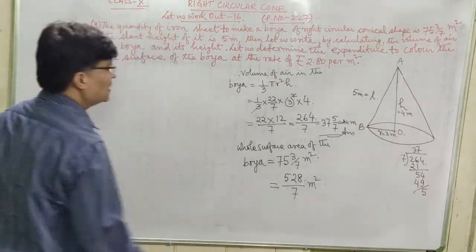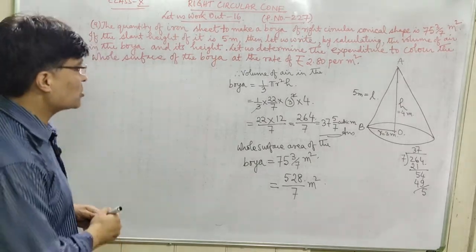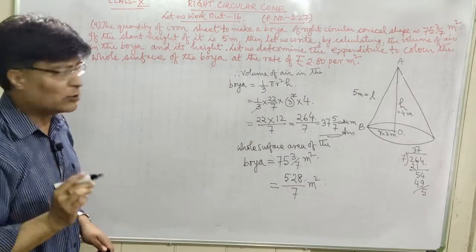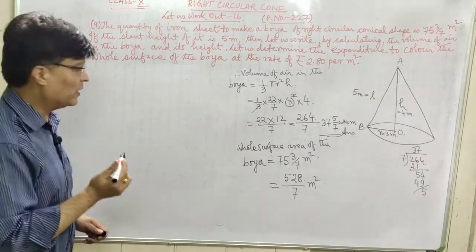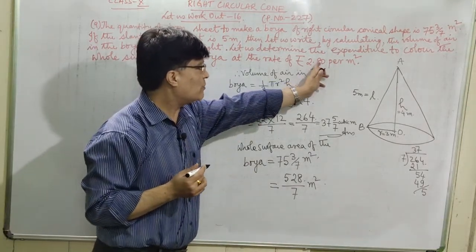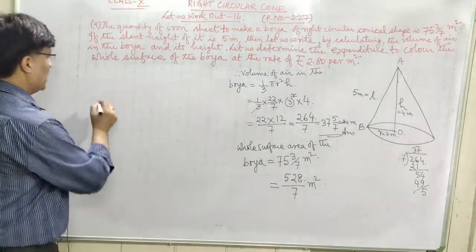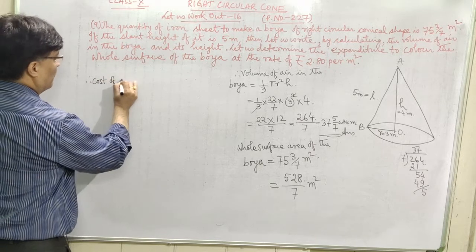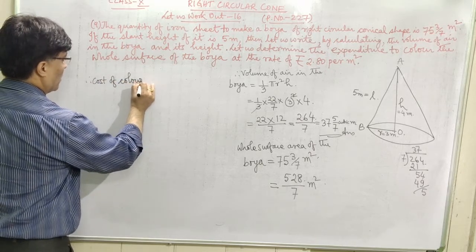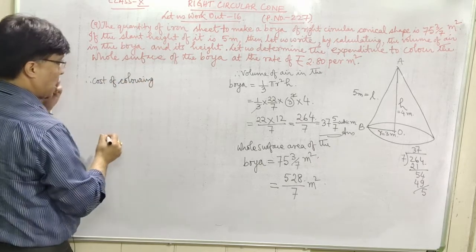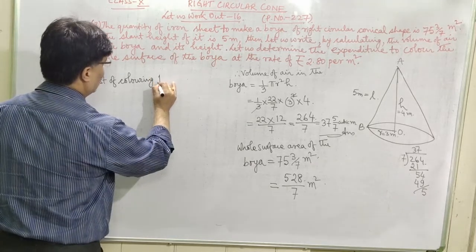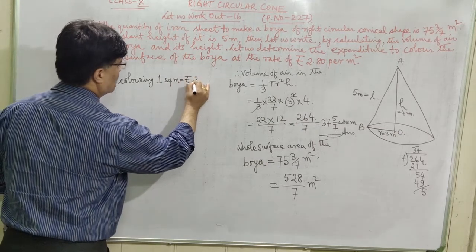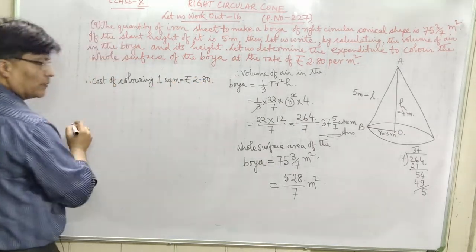So in the question it is given that cost of coloring 1 square meter is equal to rupees 2.80. That is given in the question. That is the rate of coloring. So therefore, cost of coloring 1 square meter is equal to rupees 2.80, right?